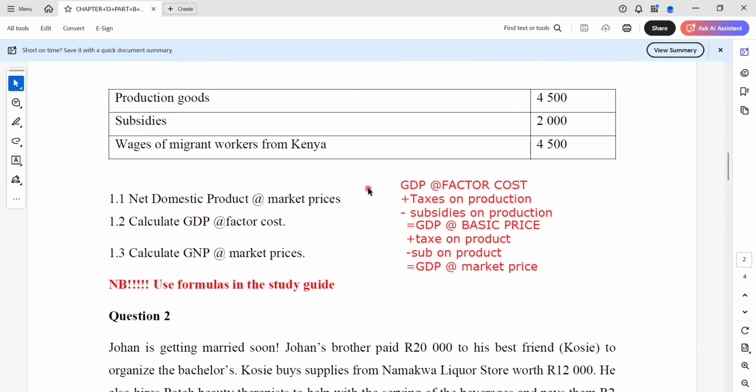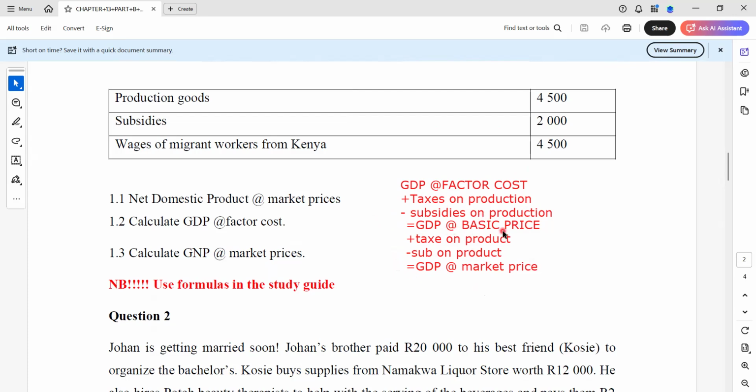And you can see here, we can do it two ways. If we're given GDP at market prices, we're going to add subsidies on products, subtract taxes on products, add subsidies on production, subtract taxes on production, and get GDP at factor cost, right?